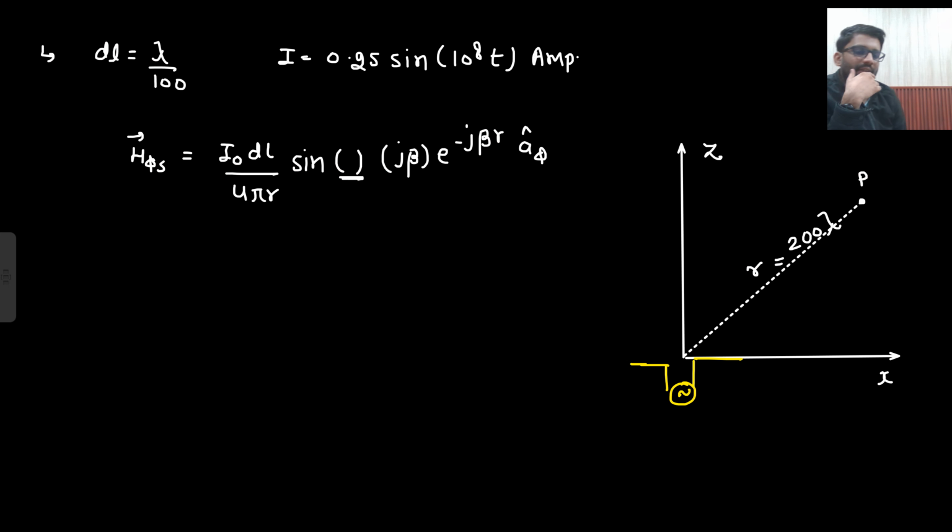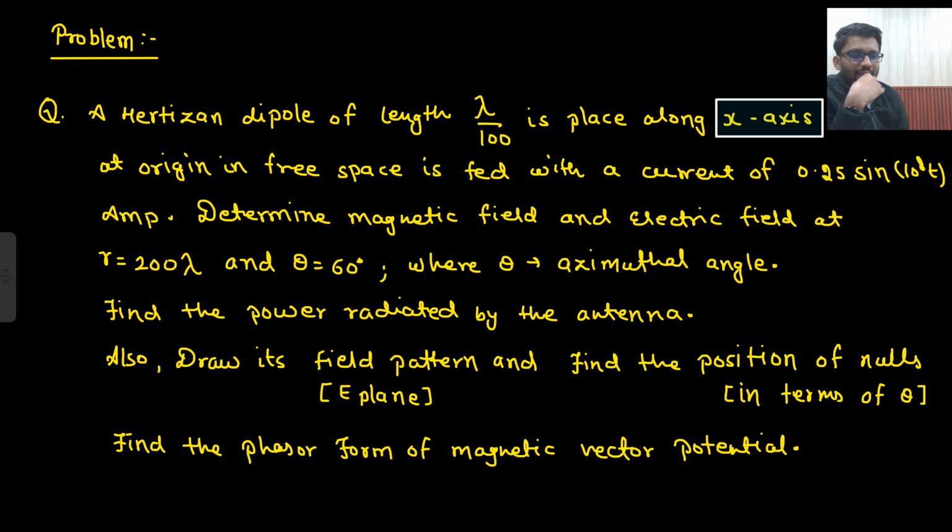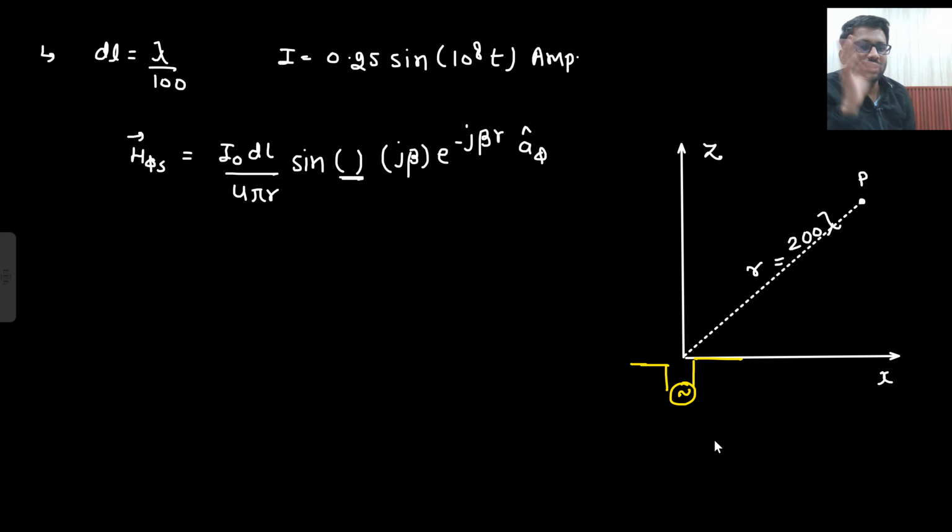They have given me a theta value, that is 60 degrees, but theta is the azimuthal angle here. That means this is the angle measured from the z axis. So this 60 degrees they have given, but which angle do I need to put here?